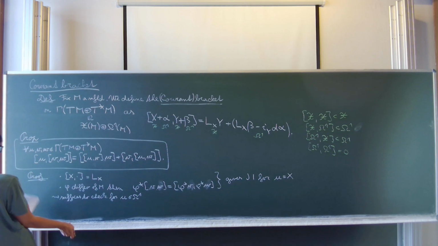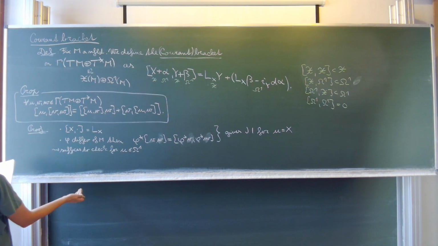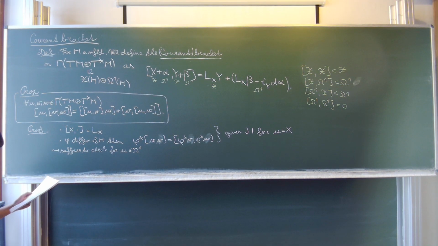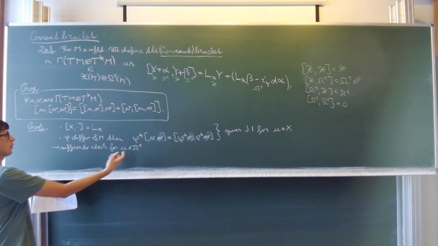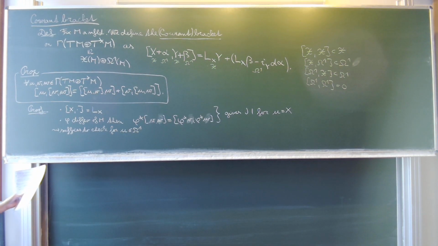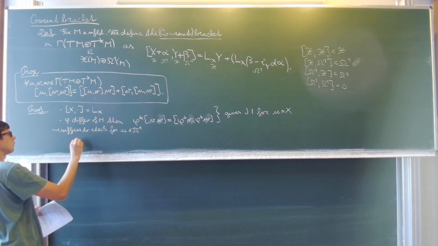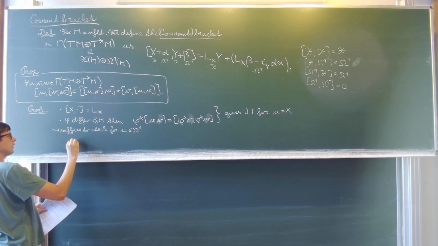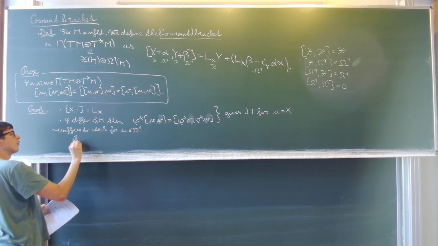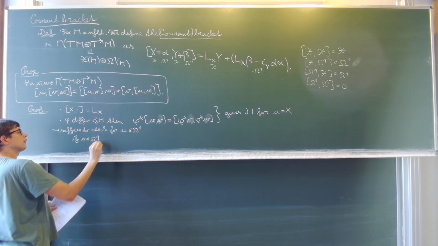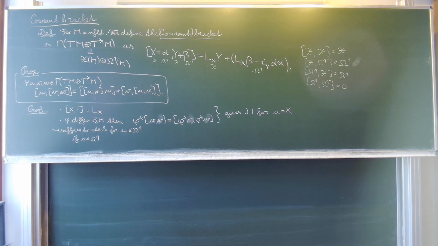So let's use that. So for instance, back to white chalk. Okay, so now the u is in omega 1. Now let's say, if v is also in omega 1, then what happens?